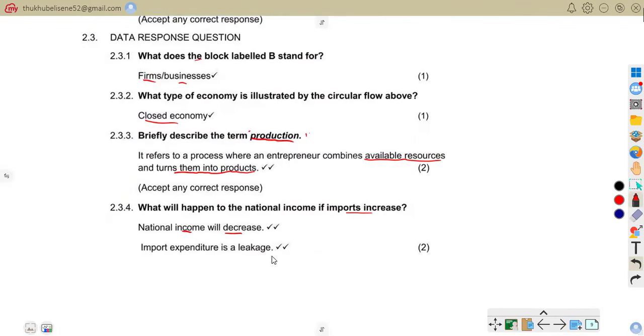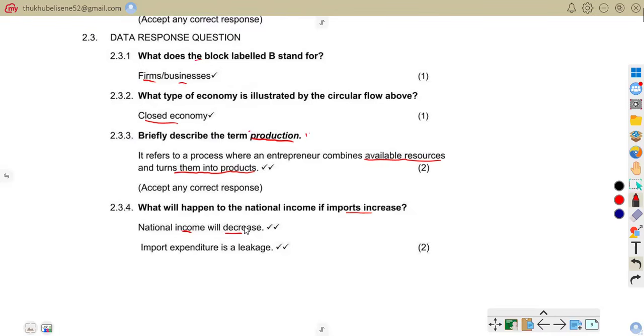Import expenditure is a leakage. Money is spent on foreign goods instead of local goods. That is where our national income is going to decrease. For example, buying cars from another country instead of local manufacturers. This will lead to a decline in our national income.